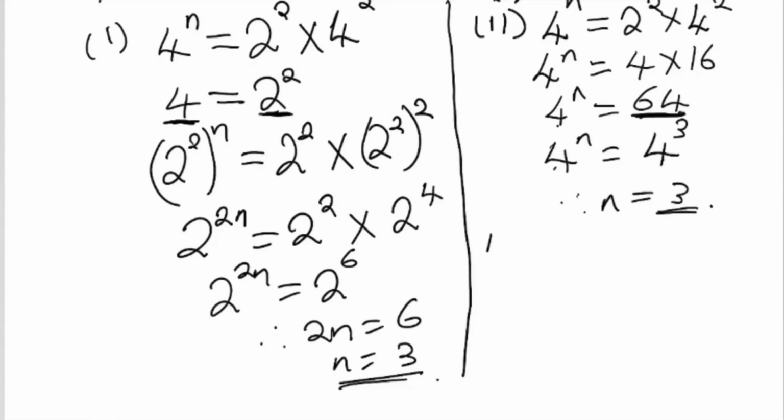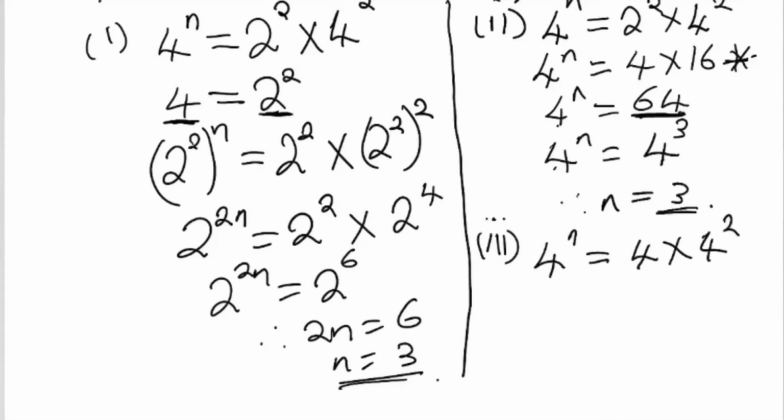The third and very, very easy way, if you have understood this question, is that I'm going to start from this point here. Okay? We have 4 raised to the power n is equal to, we find the value of 2 to the power 2, which is 4, and then multiply by 2 to the power 2 instead of writing 16.